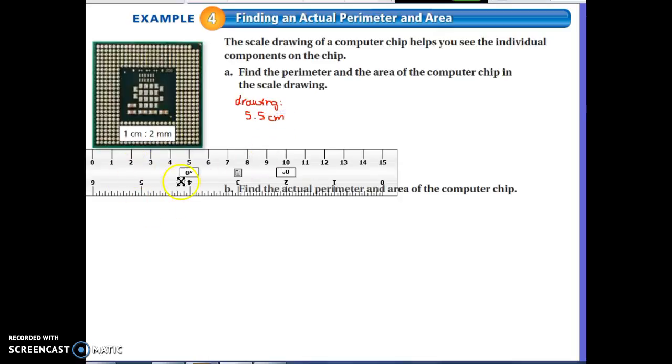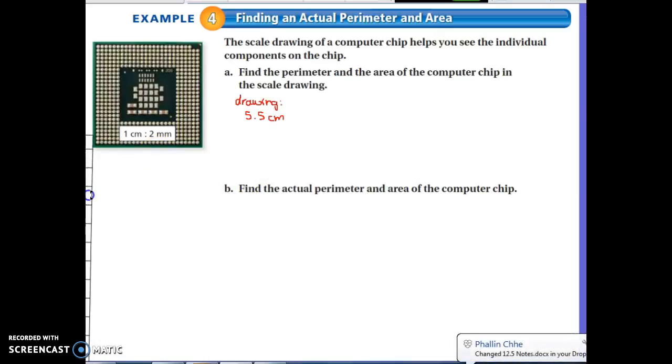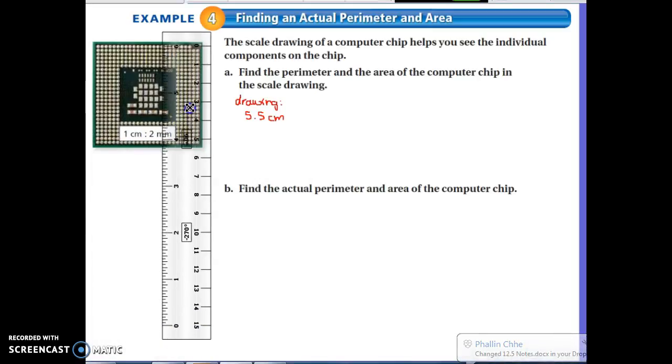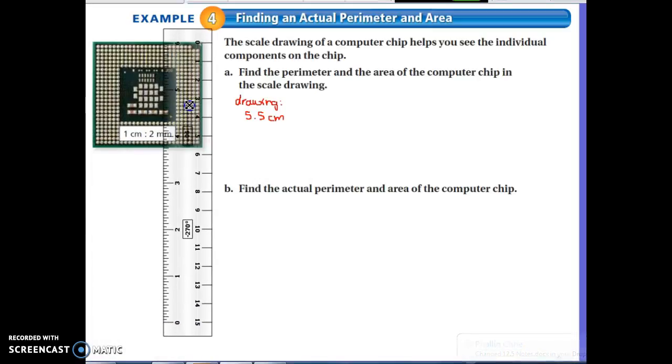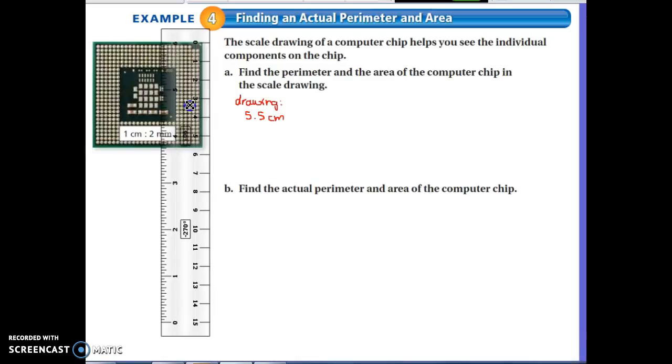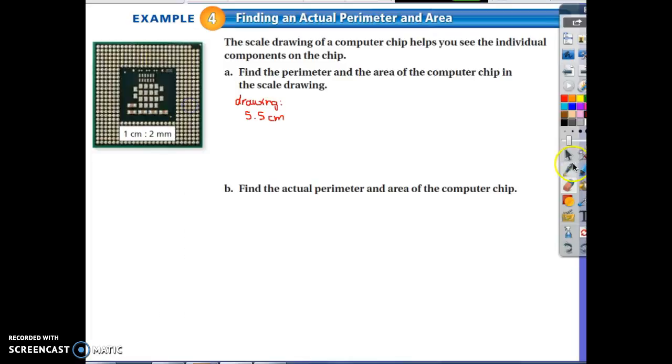Since we're trying to find the area and the perimeter, I'm also going to measure the height of my computer chip. So I'm going to turn my ruler, bring this up to measure the height, and it is also about 5.5. So then I can conclude that this computer chip is a square.